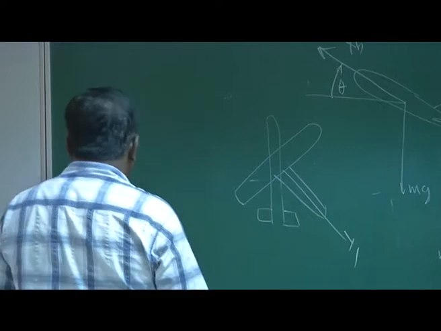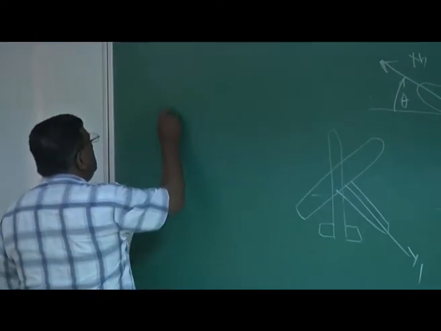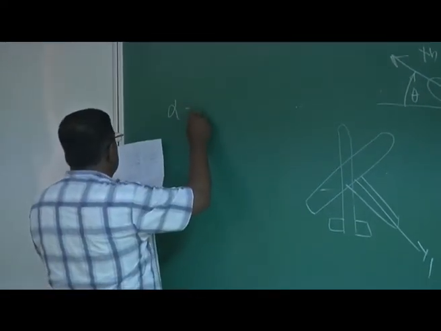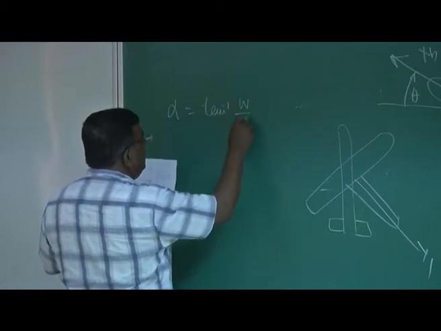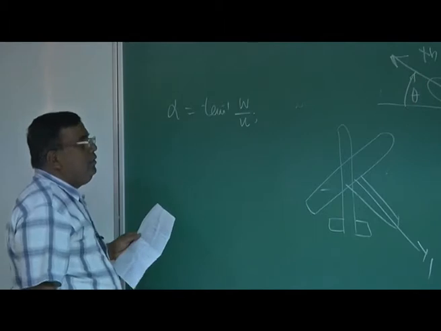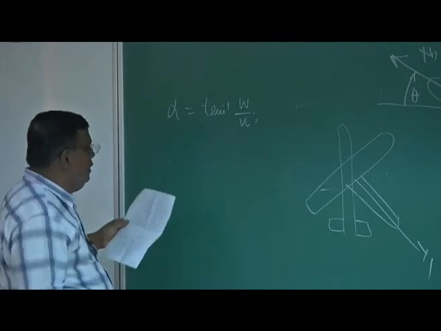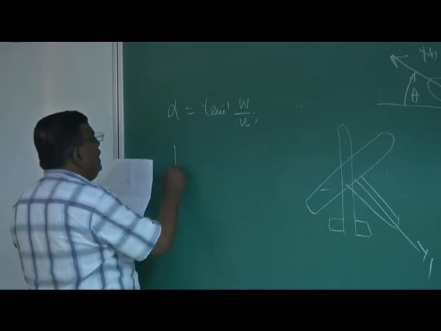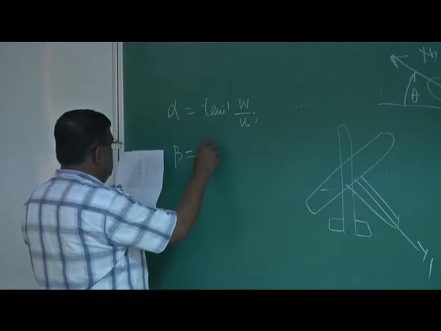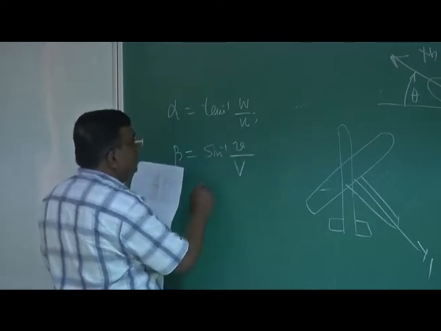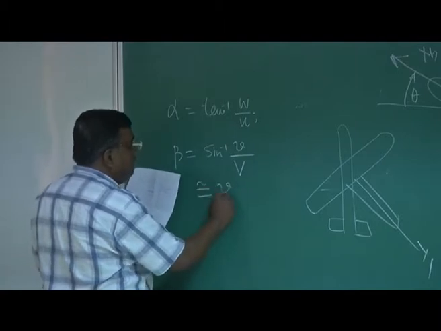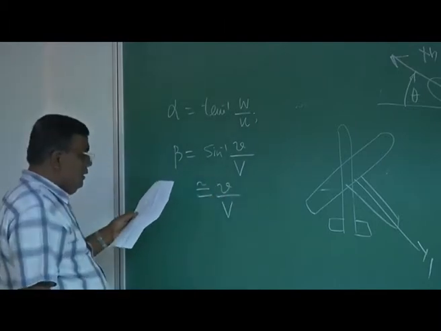It's also important to know what the angle of attack is. Just for revision, alpha was tan inverse of W by U, and you can make out the vertical and the horizontal. And then beta we will be using as sine inverse of lateral versus total velocity, which mostly for small angles is like this. Okay.